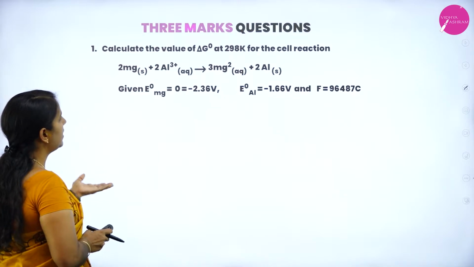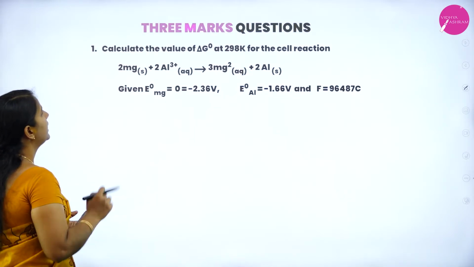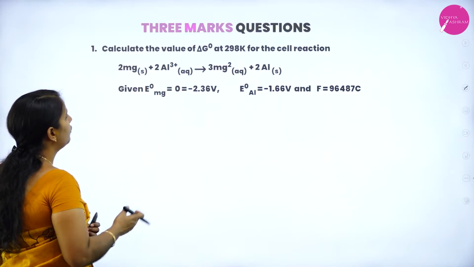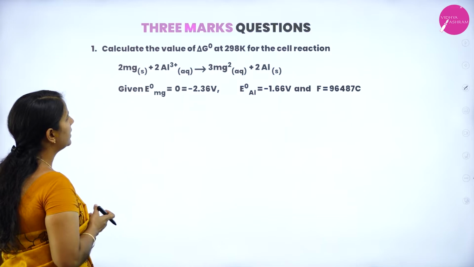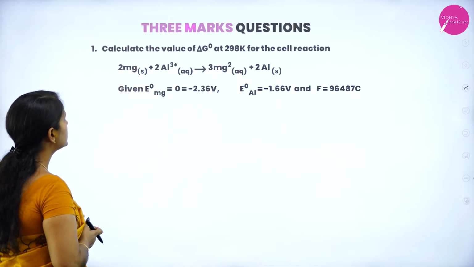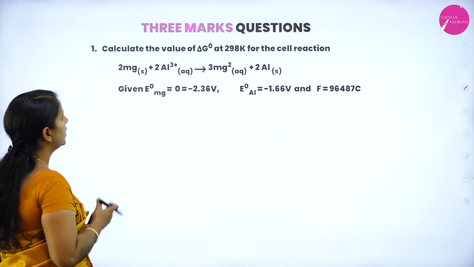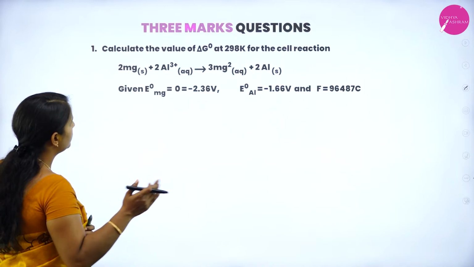Next, 3 marks will be solved with the sum of the numericals based upon the Nernst equation. Calculate the value of standard free energy change at 298 Kelvin for a cell reaction. They have given 3 Mg plus 2 Al3 plus, which gives 3 Mg2 plus plus 2 Al.